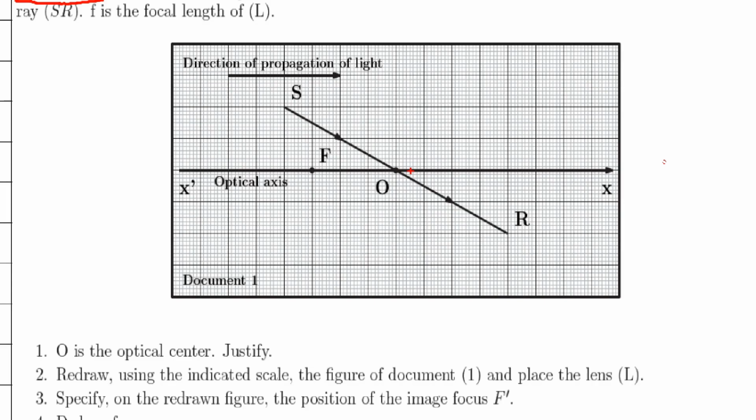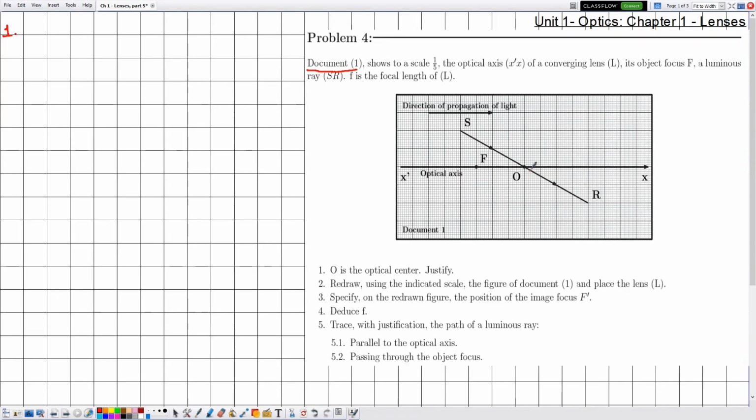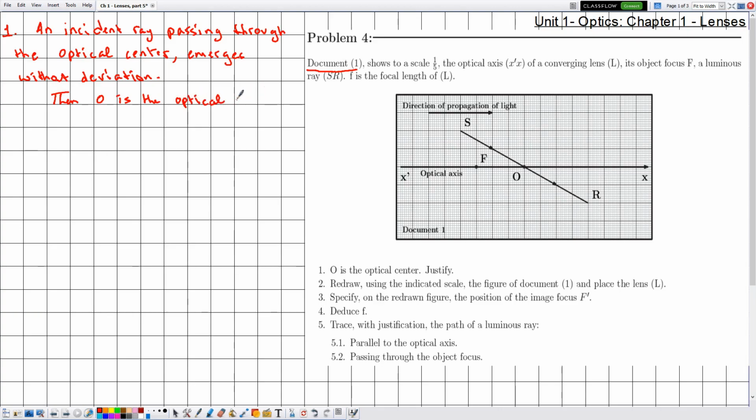So SO emerges without deviation along the emergent ray OR, and this is because it's passing through the optical center O. So let's say that an incident ray passing through the optical center emerges without deviation, for this reason, then O is the optical center.